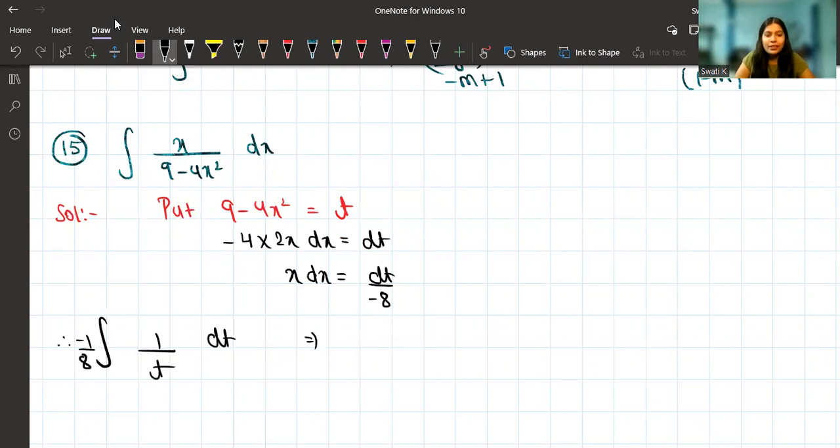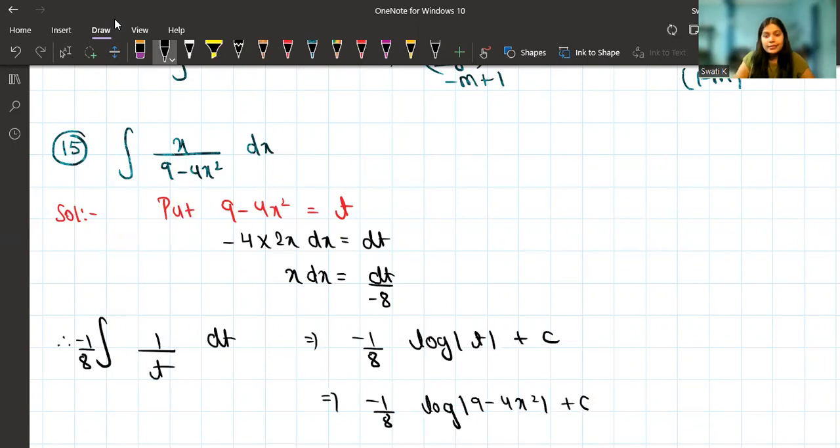This is so simple now. Minus 1 upon 8 as it is, and by formula the integration of 1 upon x is log x. So the integration of 1 upon t is going to be log mod t, plus of course the constant of integration. This will become minus 1 upon 8 log mod (9 minus 4x square), plus c.